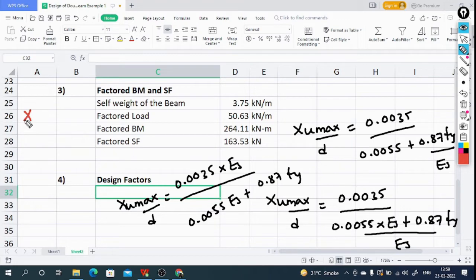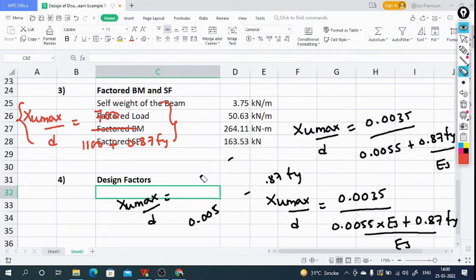I will write here xu max by d equal to 0.0035 into Es, which gives you 700, divided by 0.0055 into Es, which gives you 1100, plus 0.87 Fy, and this formula we have to insert in the cell. I will tell you how to insert that.